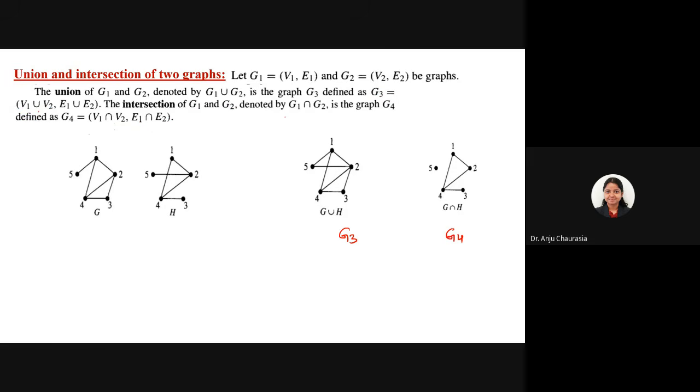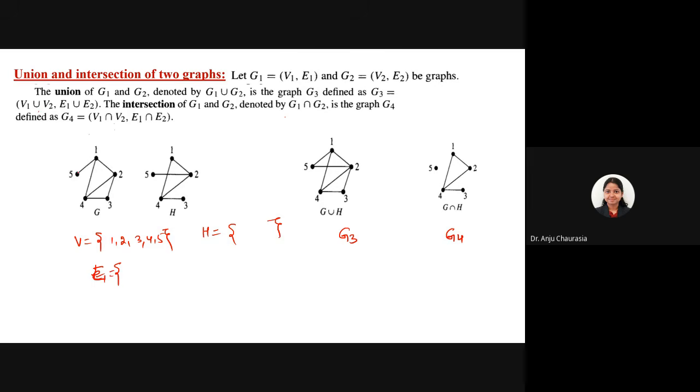Okay, try to get it. You can see here the vertex set 1, 2, 3, 4, 5. In H, the same vertex set, 1, 2, 3, 5. Edge set E. Here you have to give the names E1, E2, E3, or I think don't give names, otherwise it will be confusing.